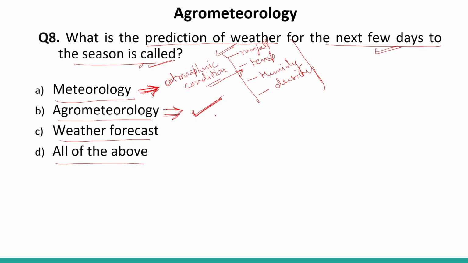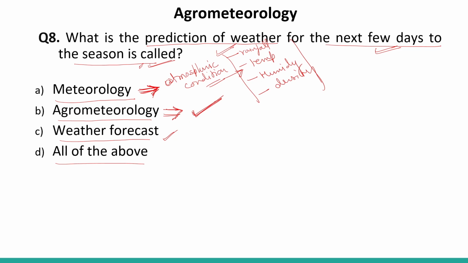And we are predicting the weather for the next few days, for the coming days. Then we are actually forecasting that in the next coming days, the weather will be like this.